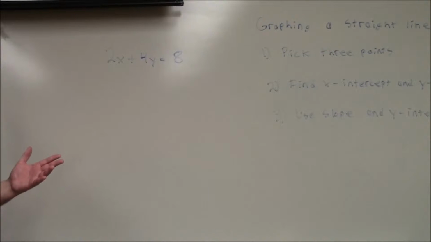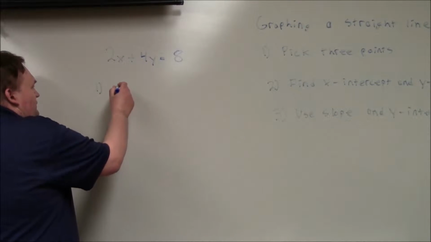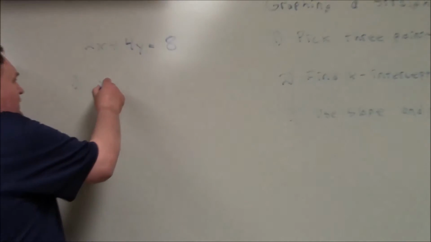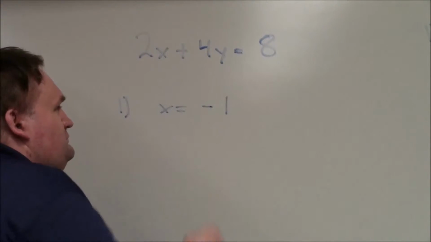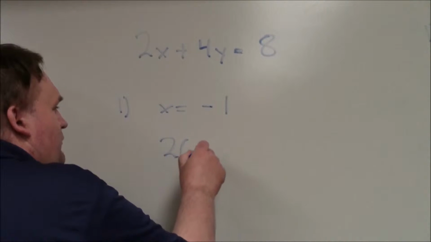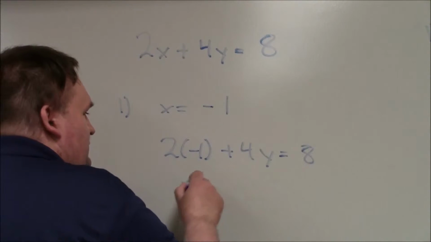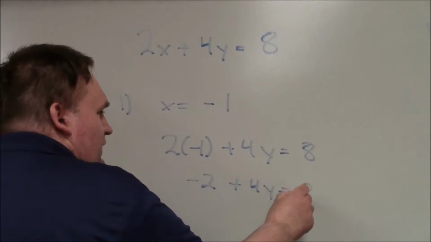So on the first one, we just pick 3 points. For my first point, I'm going to pick x equals -1, and then find out what my y is. So 2 times -1 plus 4y equals 8. -2 plus 4y equals 8.